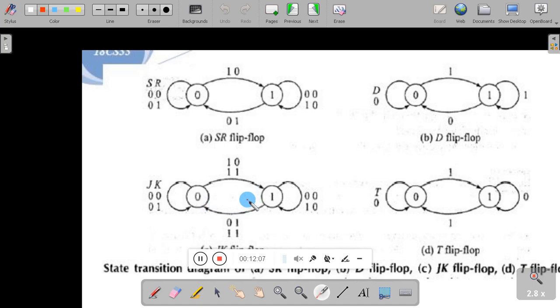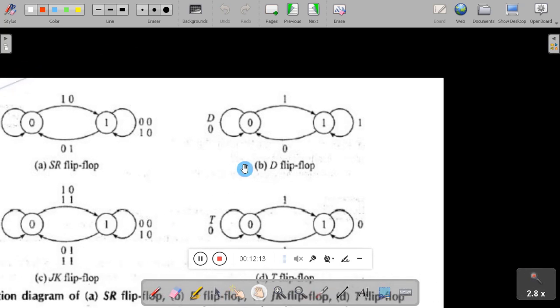So here, in case of D, once again we have two states, 0 and 1. When data input is 0, then it will remain in 0 state only.